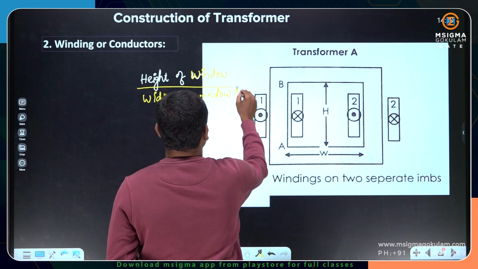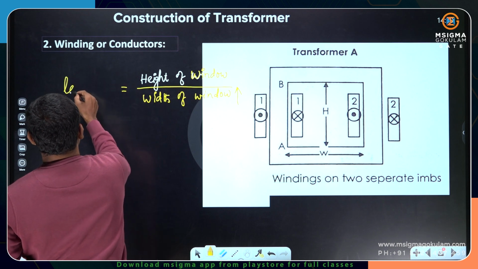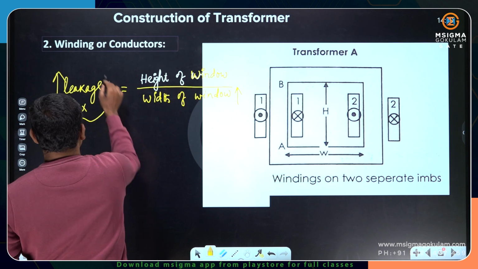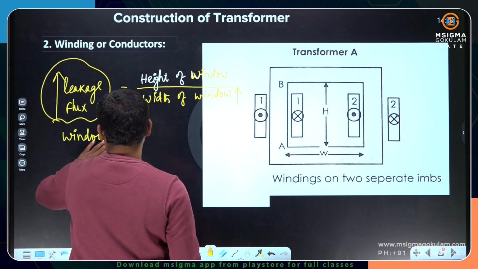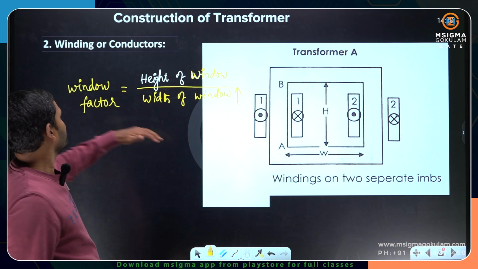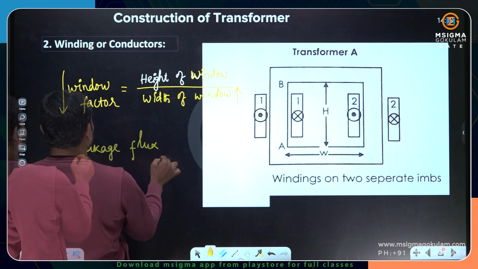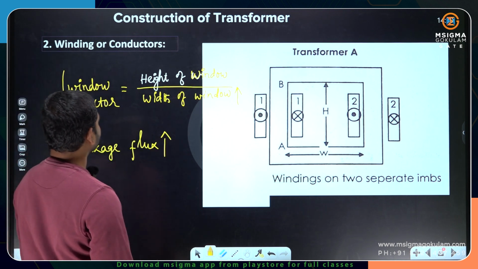If width of the window is more, window factor is less, and if window factor is less, leakage flux is more.